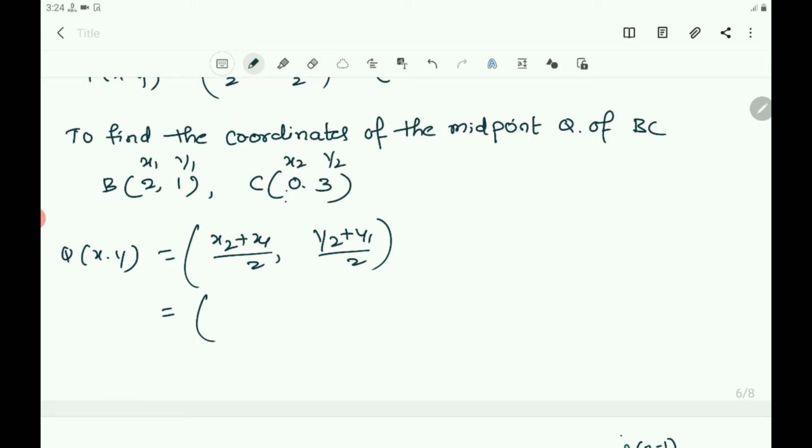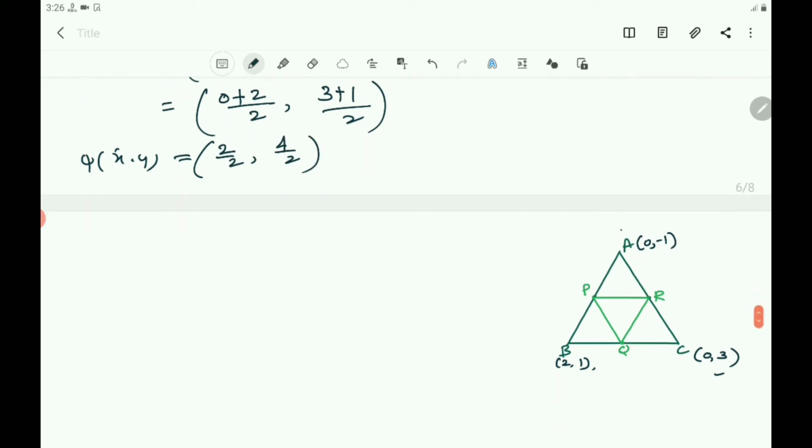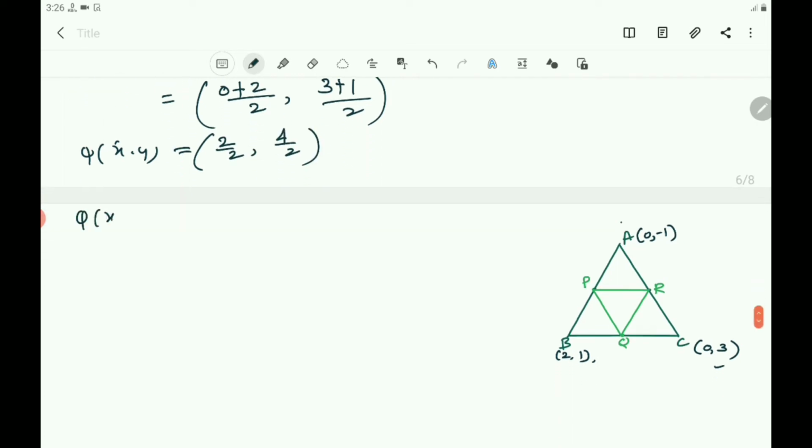So x2 is 0 plus 2 by 2, next y2 is 3 plus 1 by 2. Then Q of xy equals 0 plus 2, 2 by 2, 4 by 2. So you got Q of xy equals 1, 2.